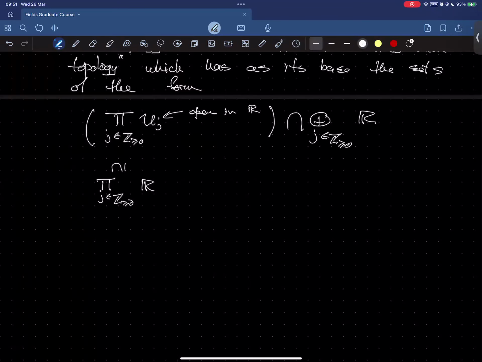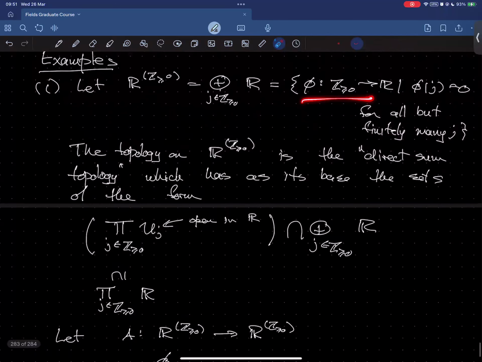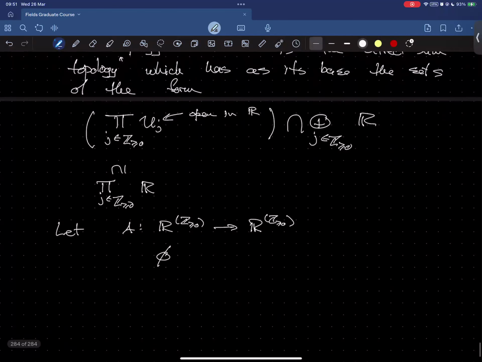All right, so now I'm going to consider a linear mapping from this direct sum to itself. And it's going to be the mapping which takes, okay, so elements of the direct sum are mappings, and it's going to send it to another thing in the direct sum.